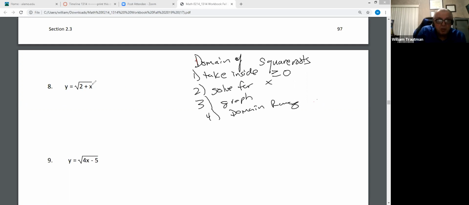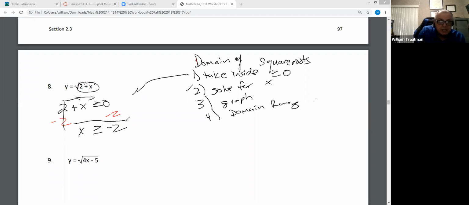So in this problem, we take the inside, just this inside, 2 plus x, and say it's greater than or equal to 0. Do you see step 1? We take the inside of the square root and say it's greater than or equal to 0. Step 2, solve for x. I just need to get the 2 to the other side by subtracting 2, subtracting 2. And x is greater than or equal to negative 2.